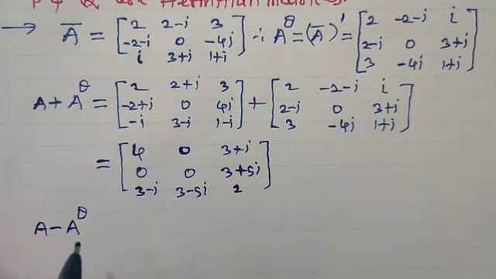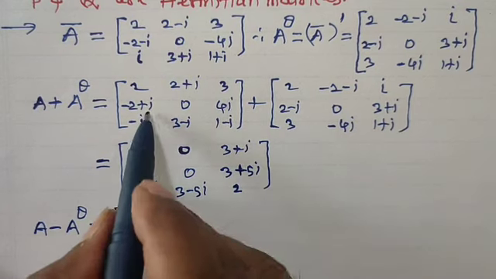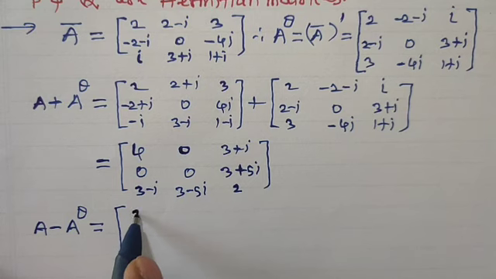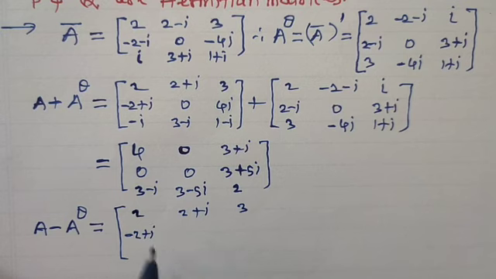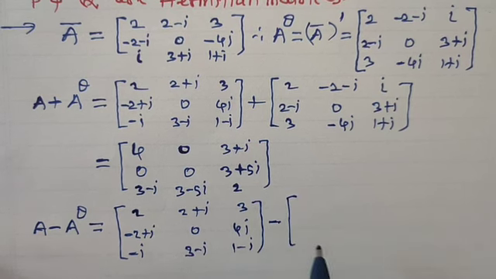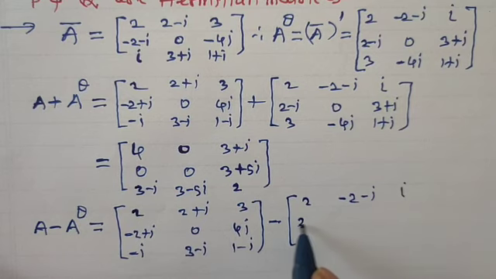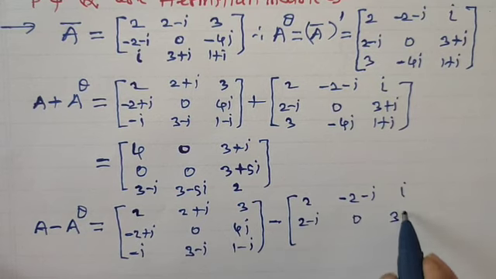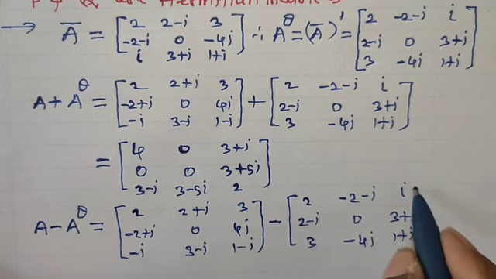A minus A theta is equal to, now A is this matrix, 2, 2 plus i, 3 minus 2 plus i, 0, 4i, minus i, 3 minus i, 1 minus i, minus this matrix, 2 minus 2 minus i, 2 minus i, 0, 3 plus i, 3 minus 4i, 1 plus i.